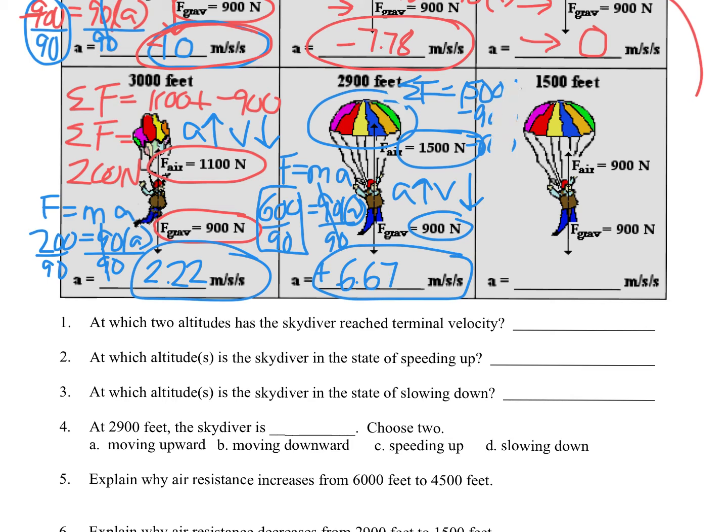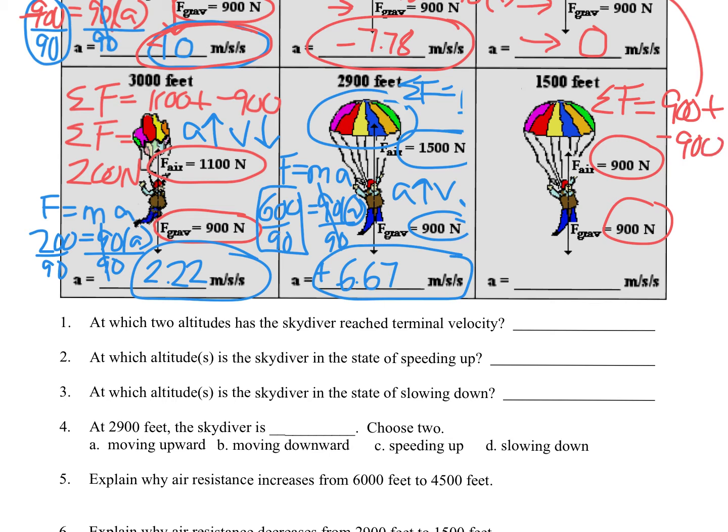All right, let me clean up this side so that we can do our very last one. And if you look, it looks like upward and downward forces equal out. So if I do the net force overall, it's going to be 900 upwards plus negative 900, or 900 force downwards. That equals 0. Remember, the net force is equal to our mass times acceleration.